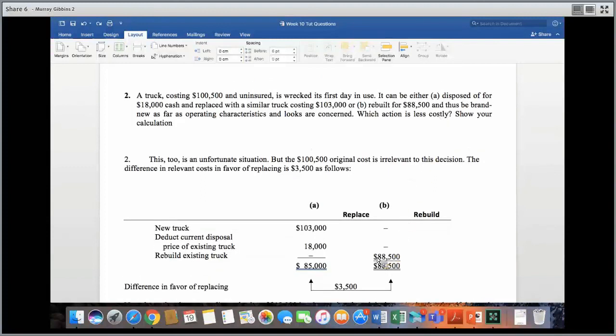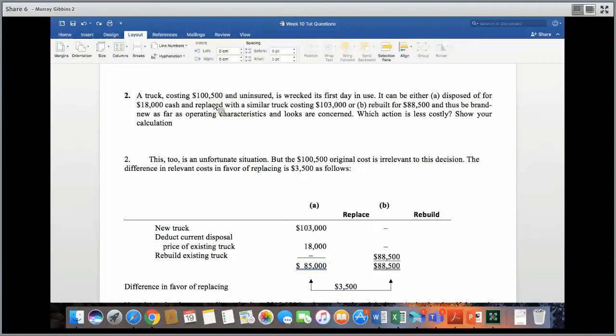So what we could do is just go, well, let's see, what's it going to cost us to rebuild it? It's going to cost us $88,500. What about the new cost? The new truck is going to cost $103,000, but we can trade in the scrap truck for parts or whatever for $18,000. So it's going to cost us $85,000.